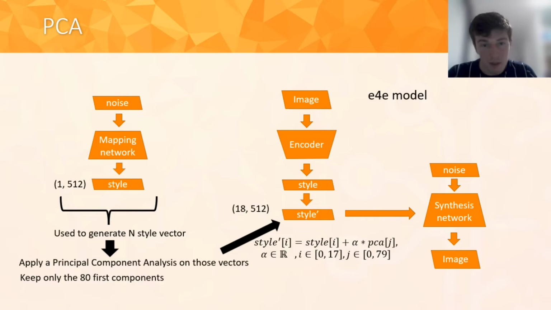With those components, we can apply them on each level of the style of our image. So the edited style is the initial style plus a factor multiplied by some PCA component.